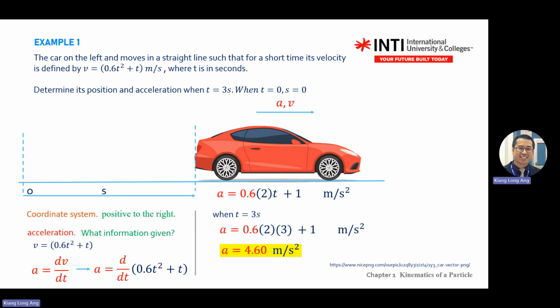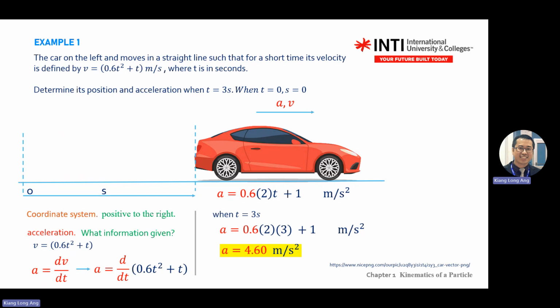All right. Now, how do I mark your answer in your assessment? For example, A equal to 4.6 meter per second square. Let's say this is a 2 marks kind of answer.